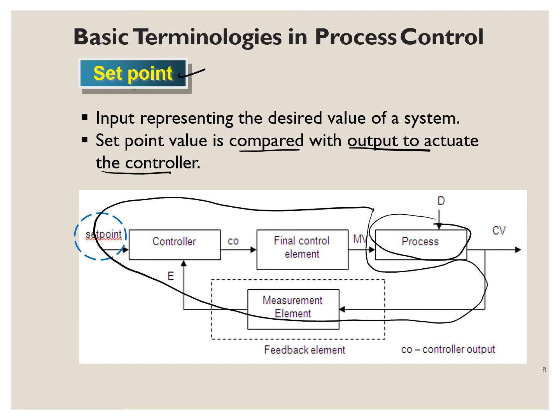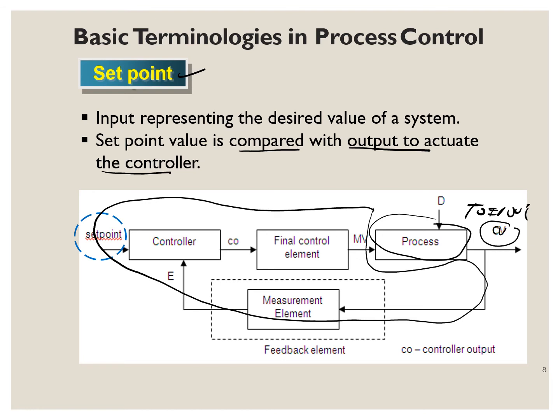In here, the first thing we have to do is set our target, which is the control variable. For example, the output temperature, TO, must be equal to 100 degrees Celsius. This is our CV.